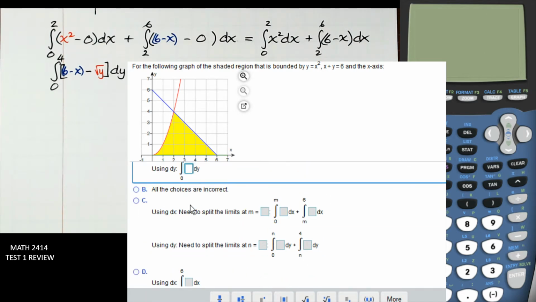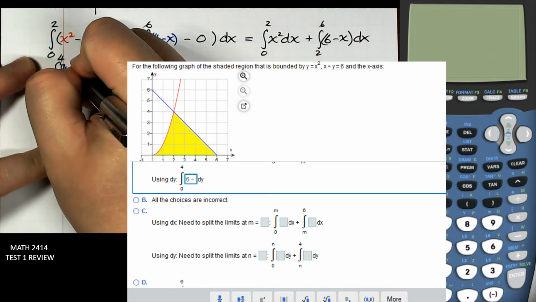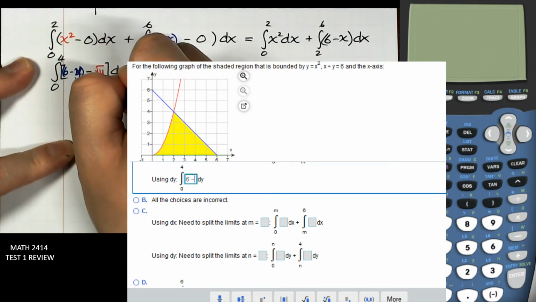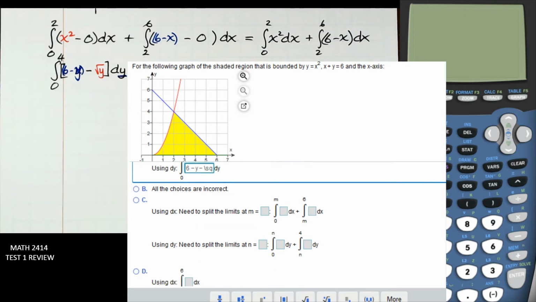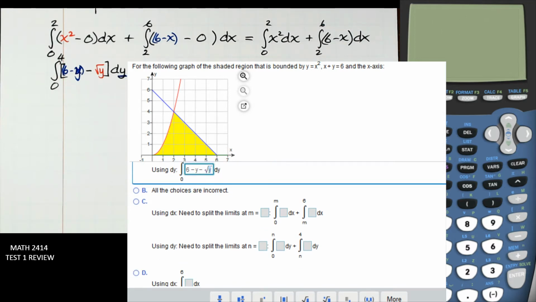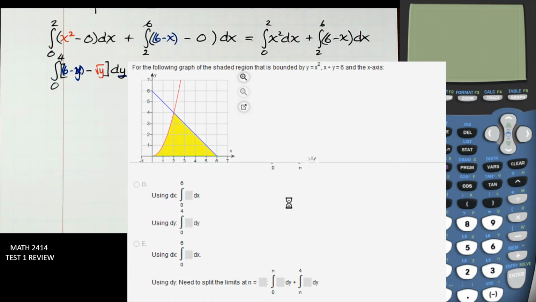And on this one, we have 6 minus y, because y is the variable, minus square root of y, which will be x. Alright, good. So that's what we have.